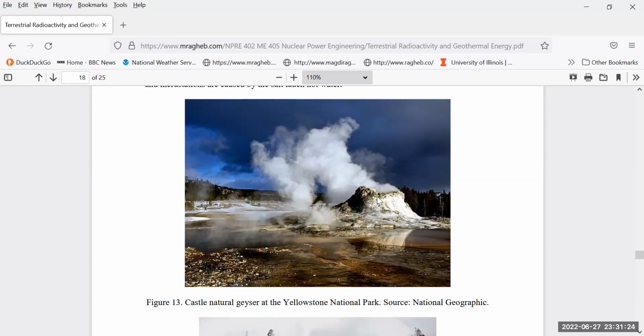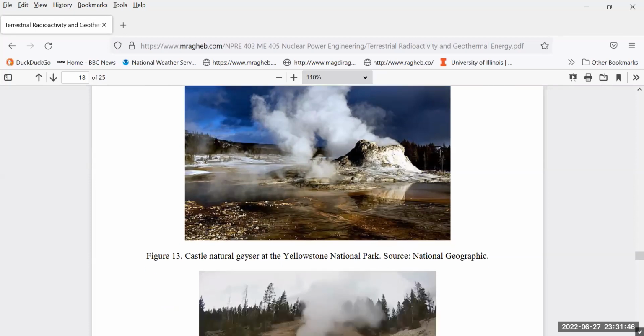And this is a natural geyser. So if you find your way to the Yellowstone Park, you could see those geysers, steam coming out of the earth, hot water, very acidic, to the point that they fear that some people who fell into it basically were dissolved, literally dissolved. But it shows us really that the earth is a very, very dynamic system.